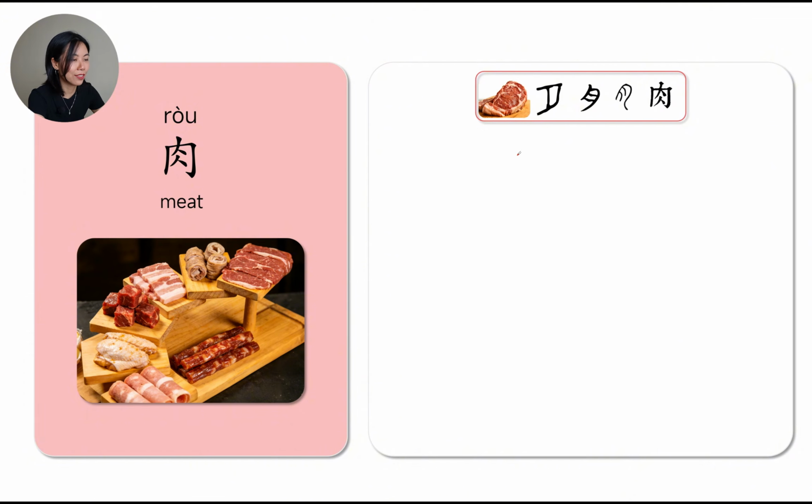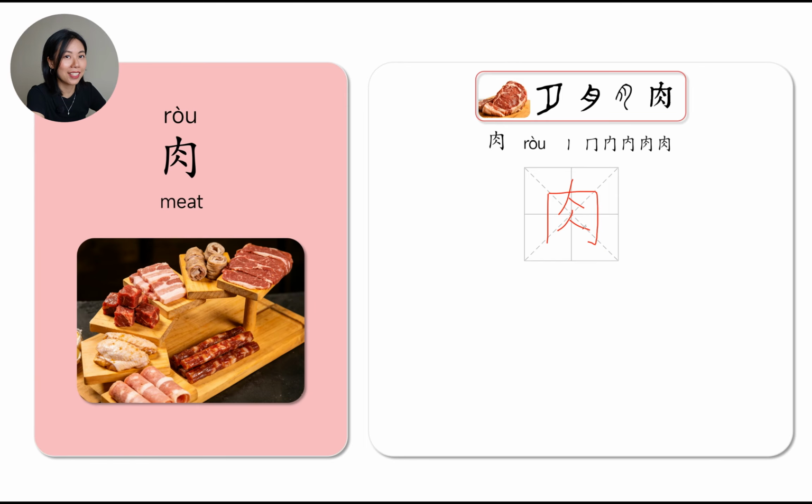And now let's try to write the 肉. 1, 2, 3, 4, 5, 6. Okay, this is the 肉. Probably this would help you a little bit to memorize it: you can imagine this is like a big door, and then you just need to write 2 more 人.